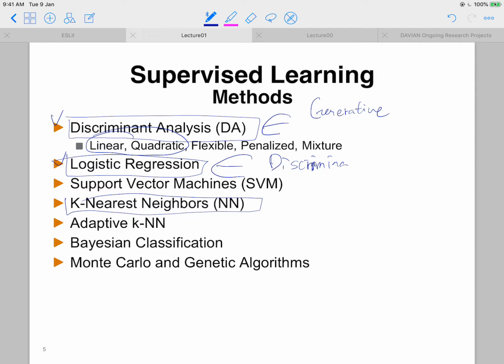Discriminative model. Okay, so in the context of supervised learning, such as binary classification or multi-class classification, the notion of whether a given method is a generative model or a discriminative model is an important one.